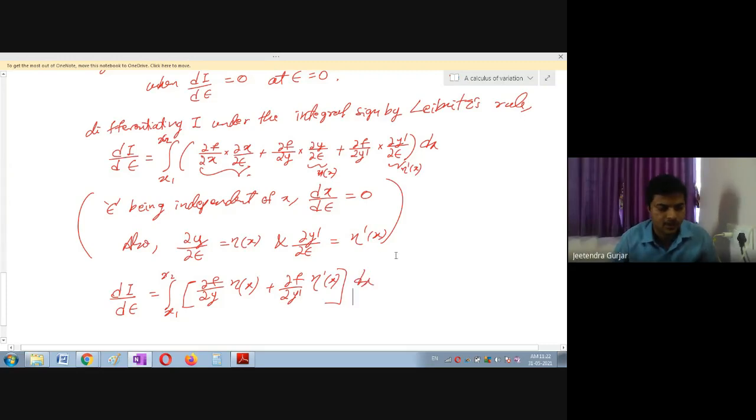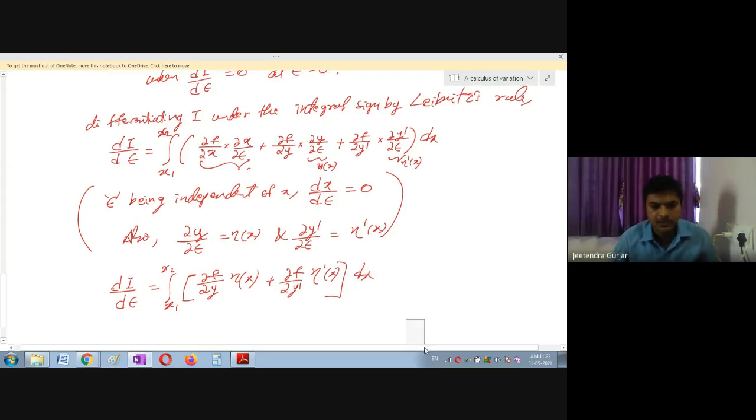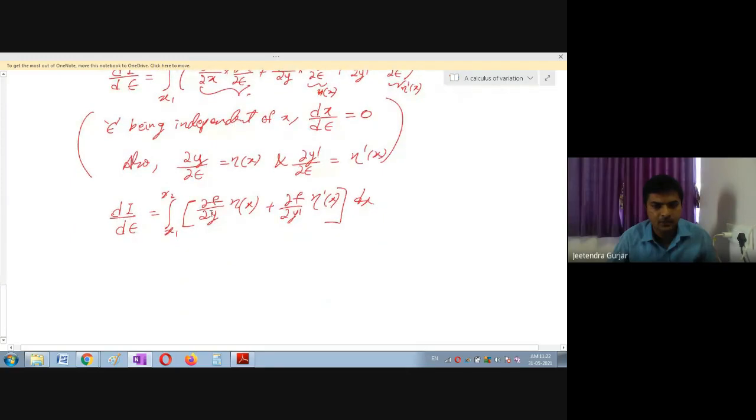dx. Now we will integrate this, but before integrating we know this part, so we'll just take this as integration from x1 to x2 ∂f/∂y ν of x, because your integration is between for x only, right?